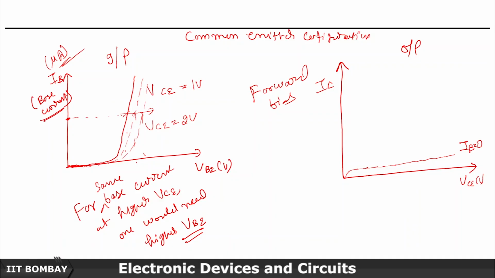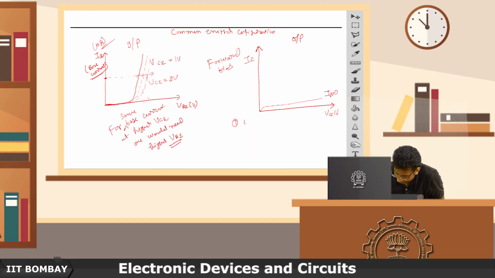This is unlike a common base configuration where when IE is 0, the IC is nearly 0, but here it is significant. And another important point, let me write down, that when IB is 0, IC is not equal to 0. And this is the one observation we had from this curve, that for the same base current at higher VCE, one would need higher VBE, though small, but still it is higher.